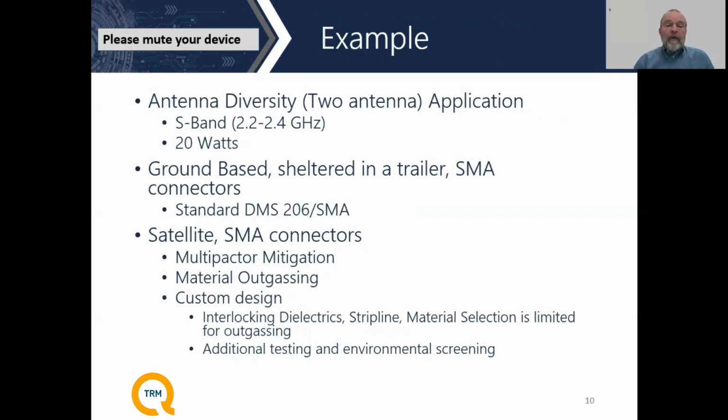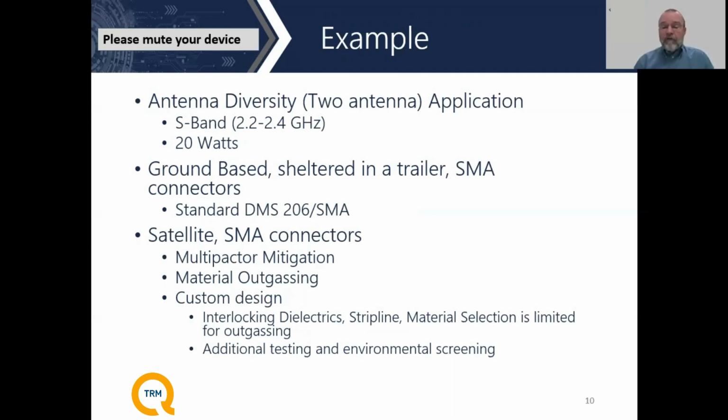If this was a ground-based sheltered environment, not really a very dynamic environment, a standard DMS 206 SMA would work quite nicely. If this environment was going on a spacecraft, we would start with a DMS 206. What we would then have to do is some design modifications for multipactor.